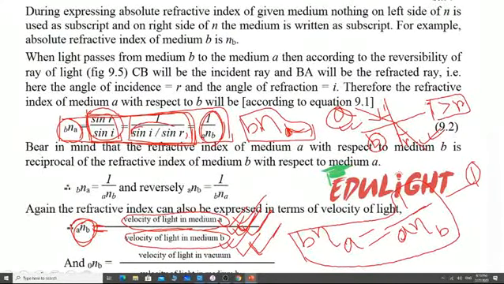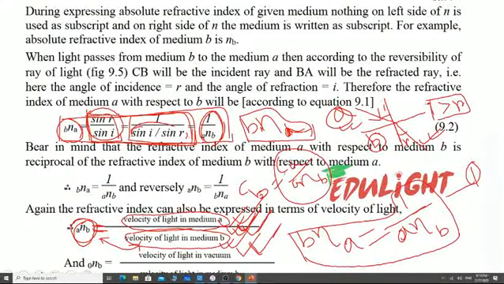What will you do? You will simply interchange the position. What will happen here? The velocity of light, let us say CB, in medium B will be the velocity of light in medium A divided by the refractive index of medium B with respect to medium A. That will be your general expression.